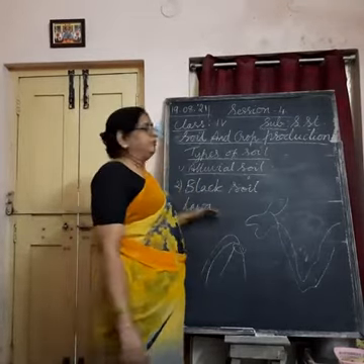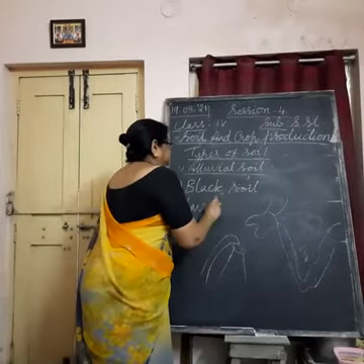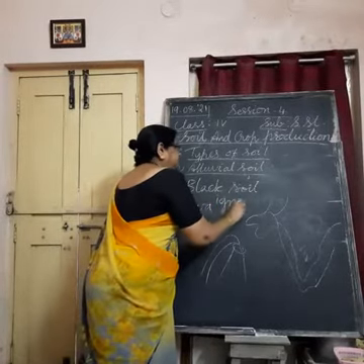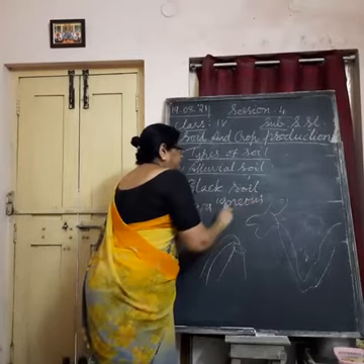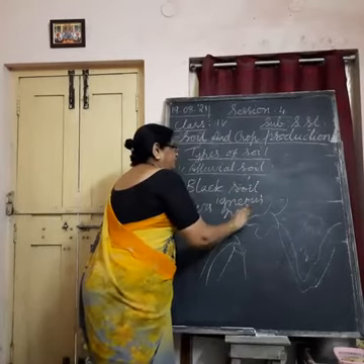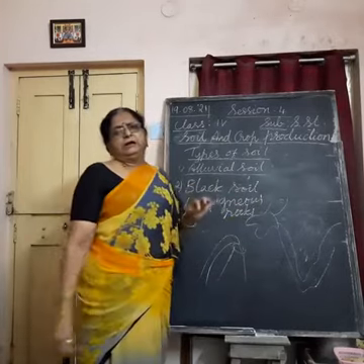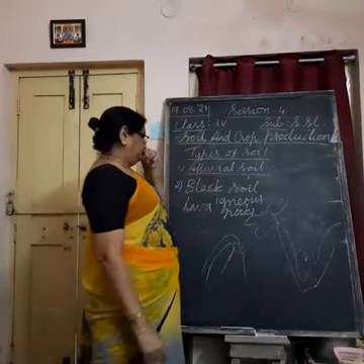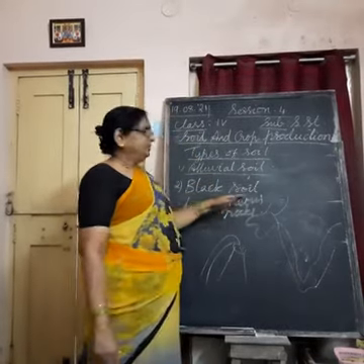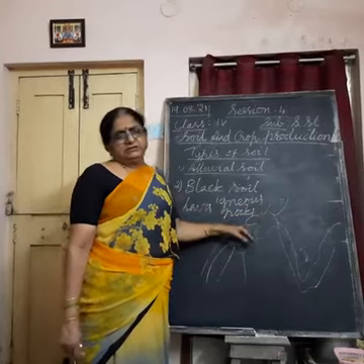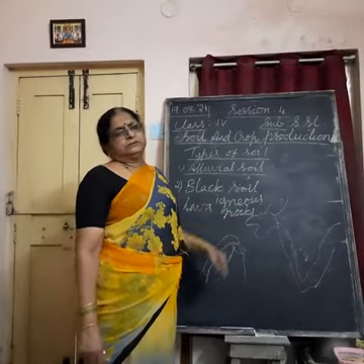And it forms igneous rocks. Igneous rocks are formed because of this lava. And black soil is formed by the breaking up of this igneous rock.